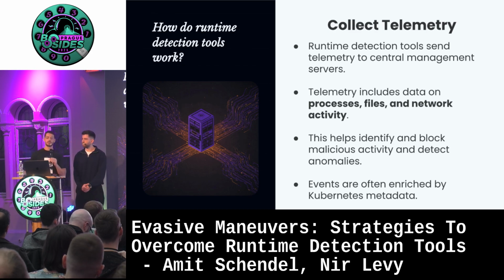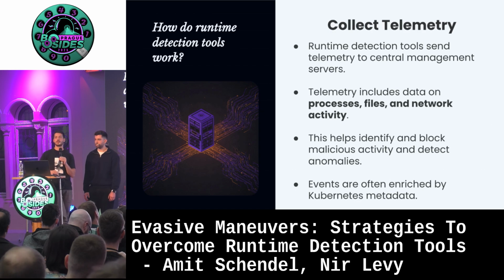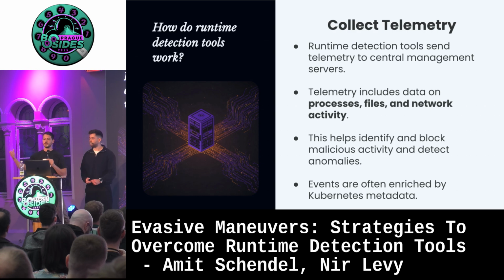So if in the 2000s the antiviruses would just send the telemetry on the processes, this time when we are running in containerized environments such as Kubernetes, or on EC2s in AWS, the security vendors also enrich the events with some extra data, for example, the pod or the namespace in Kubernetes and the container name.